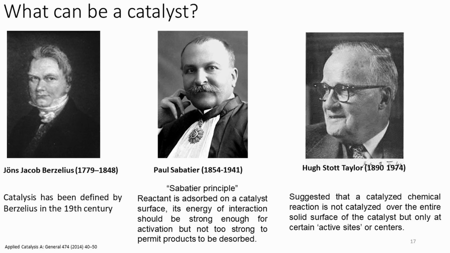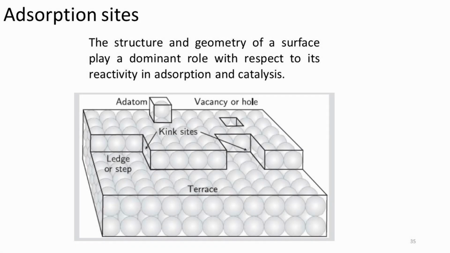Later on, Taylor suggested that activation energy was conserved during the adsorption stage. He also suggested that preferential adsorption on the catalyst surface should take place at those atoms or ensembles of atoms, depending on the reaction and reactant size, situated on the peaks, fissures, kinks, edges, etc. of the crystal rather than on the flat surface.